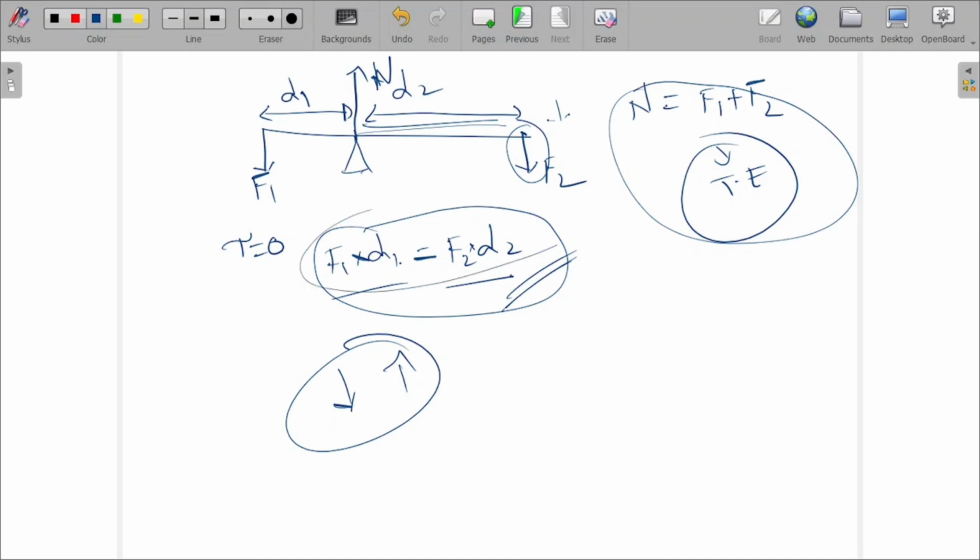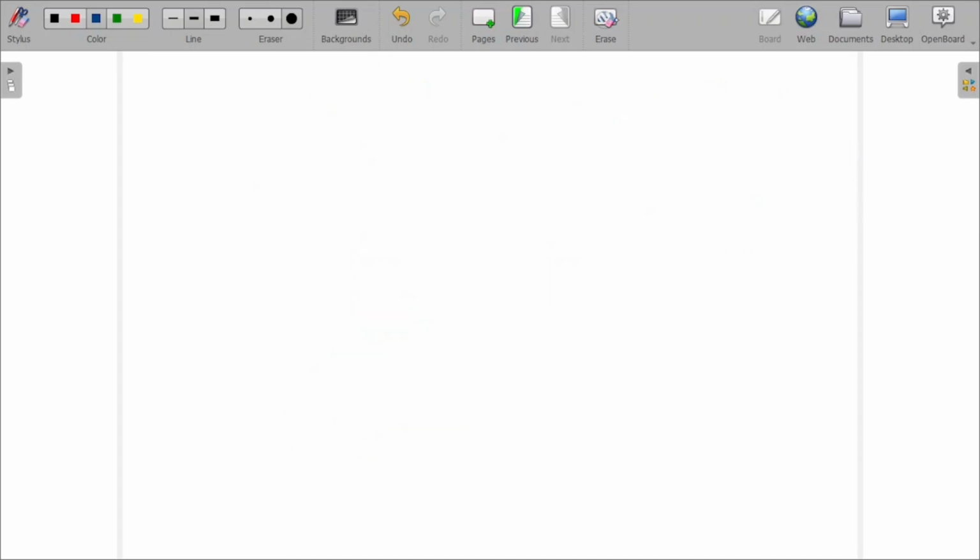By using this, we can also solve problems. Let's see. Let's consider there is a meter scale. A meter scale means the total length is 100 centimeters. At a distance of 40 centimeters from the start, there is a fulcrum which supports it.